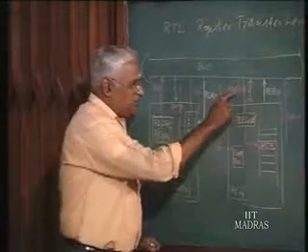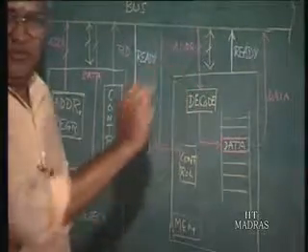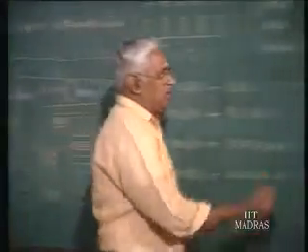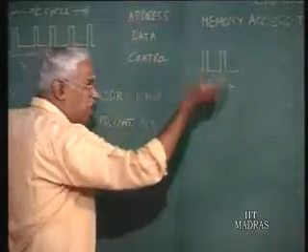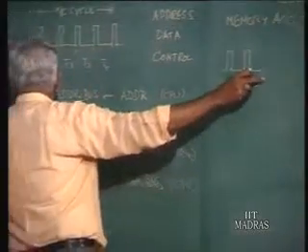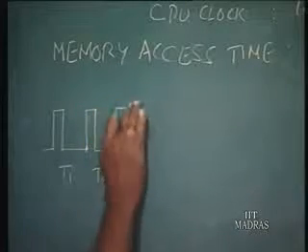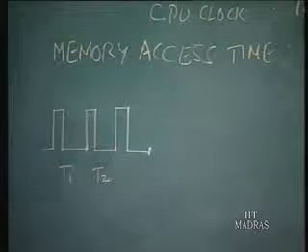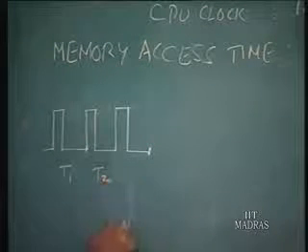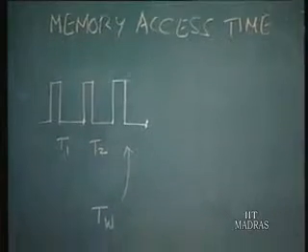So as soon as the memory gets address and read, that is after T2, the memory will generate the not ready signal, which will be sensed, and on sensing that, the CPU will introduce, let us say in our case, one more state. We will just call this particular one as TW or wait state.